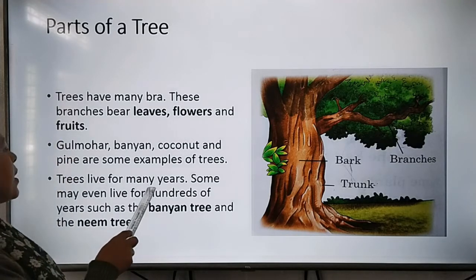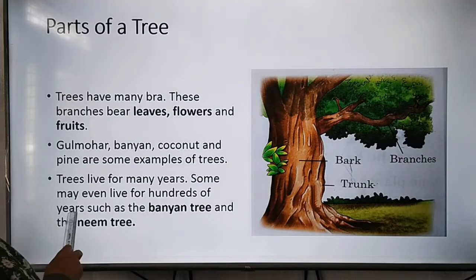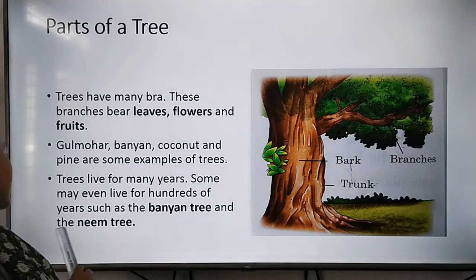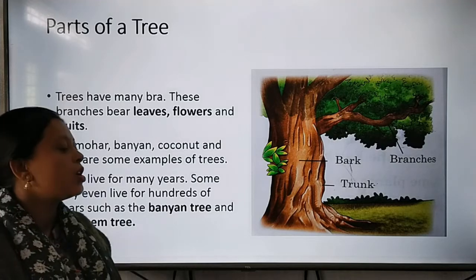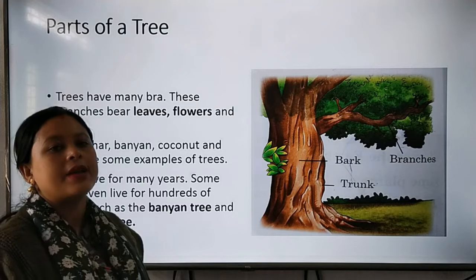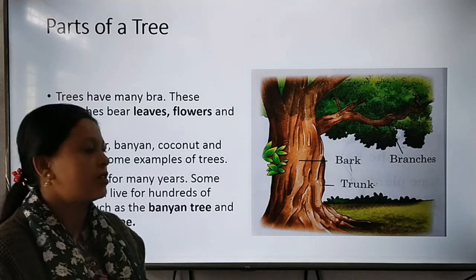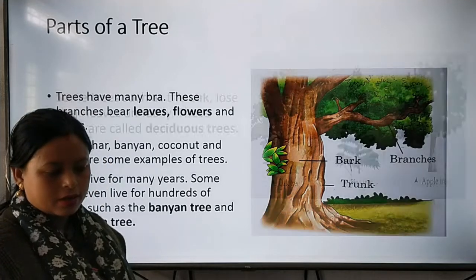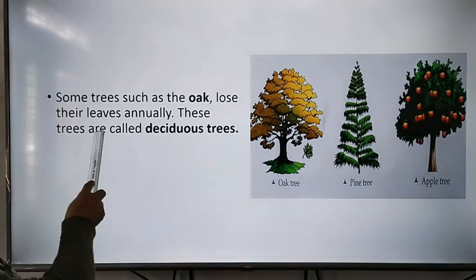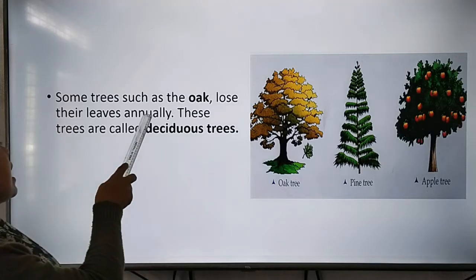Trees live for many years. Some may even live for hundreds of years, such as the banyan tree and the neem tree. Some trees such as the oak tree lose their leaves annually.